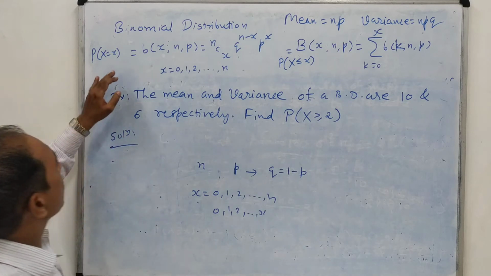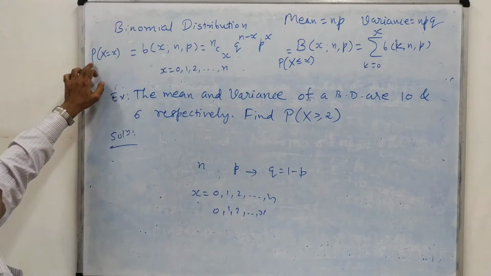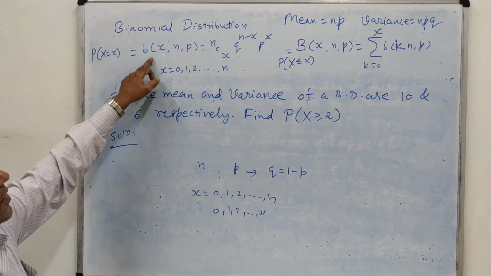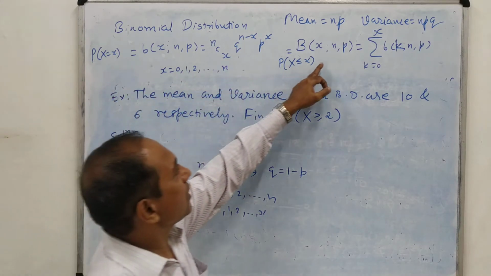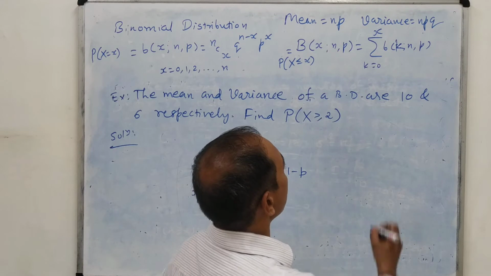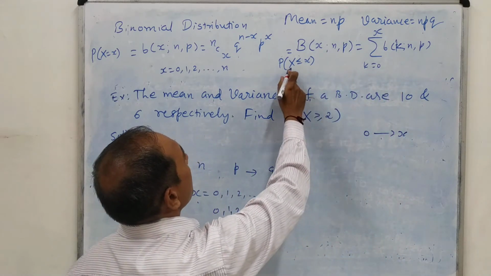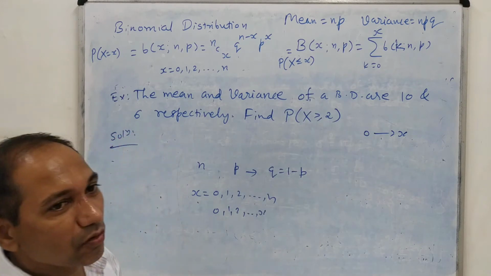And I also told you that the probability P(X = x) at a particular value of x, and the combination of all the probabilities from 0 to x, is P(X less than or equal to x).